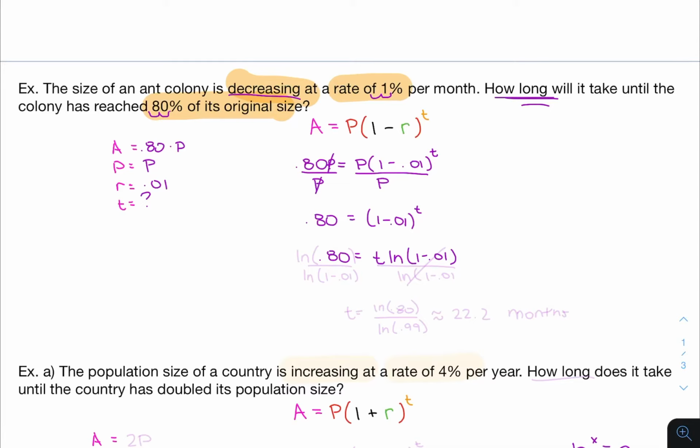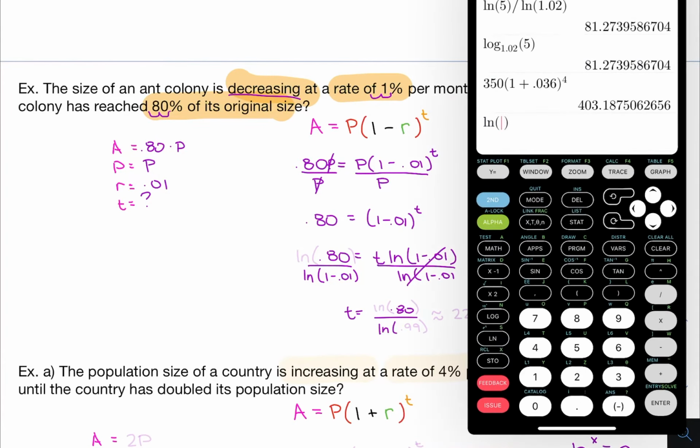And since we're solving for t, we're going to want to divide by ln of 1 minus 0.01 just to get t by itself. So now we're left with t is equal to 0.80 over ln of 1 minus 0.01. 1 minus 0.01 is just 0.99, so I'm just going to write that, and we can plug that into the calculator.